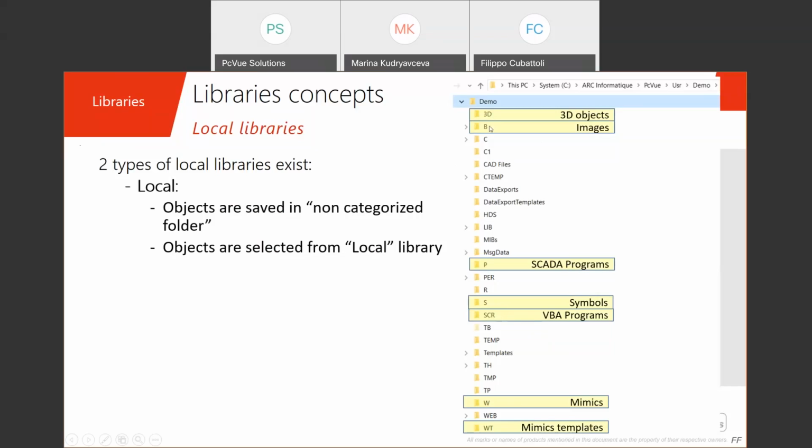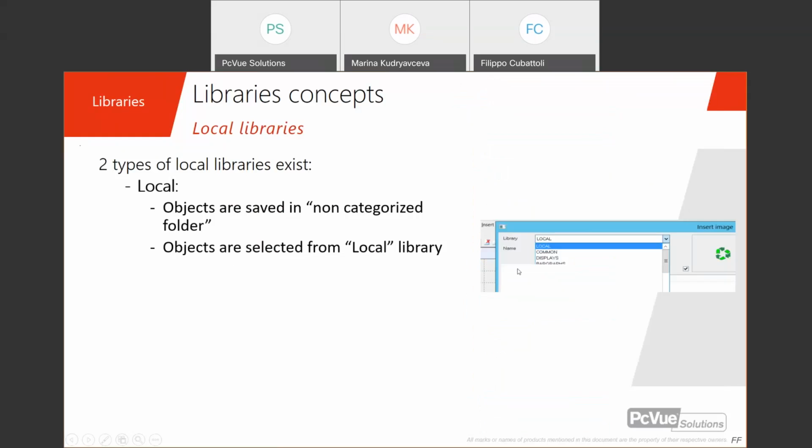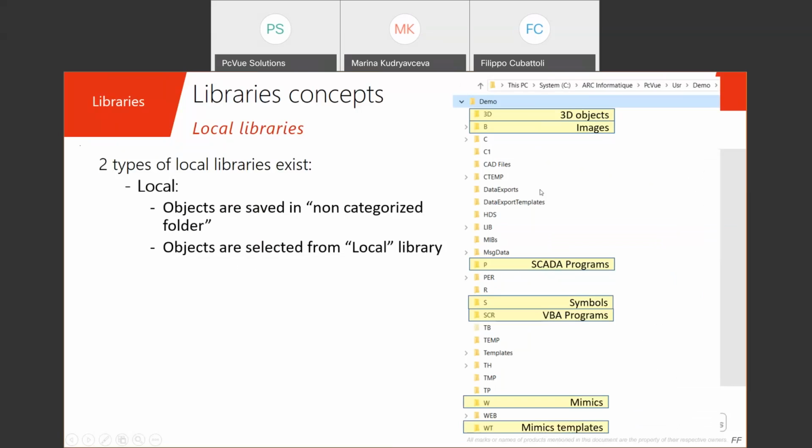But as you can see, there's no specific name for those libraries. So it's kind of all objects in the same location. And these objects are selected in PcVue. When you open the selector, you have a local library. So basically, the local library refers to those folders.